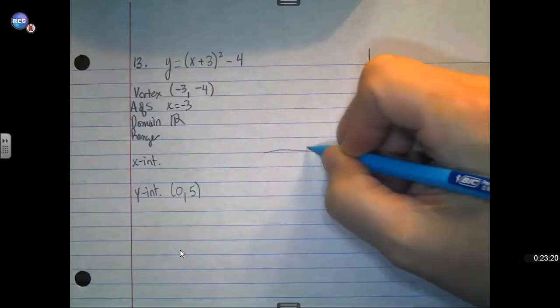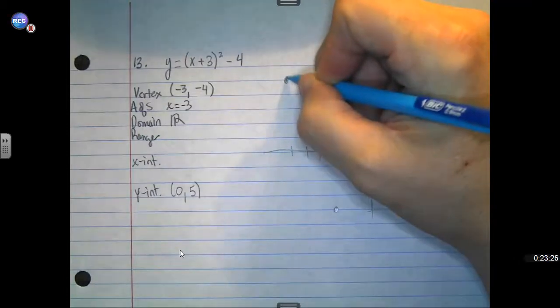Y-intercept 0, 5. It's way up here. Let's see, that's 1, 2, 3. Over here. And again, that's just a little bit too much space in between.